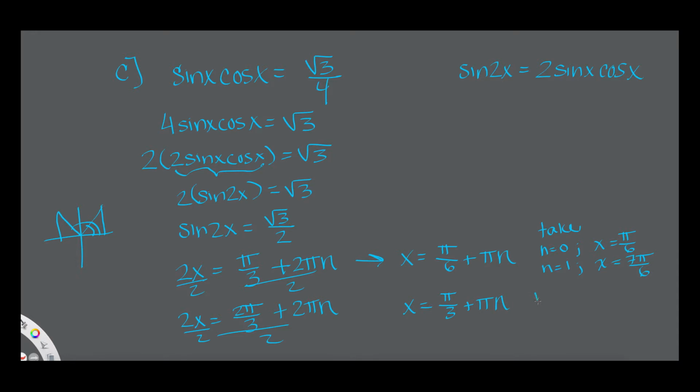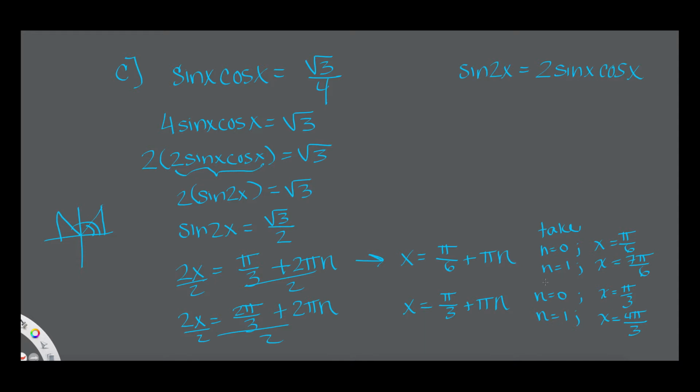And then down here, if n equals 0, then x equals pi over 3. And if n equals 1, then x equals 4 pi over 3, because pi over 3 plus 1 pi, or plus 3 pi over 3, is 4 pi over 3.